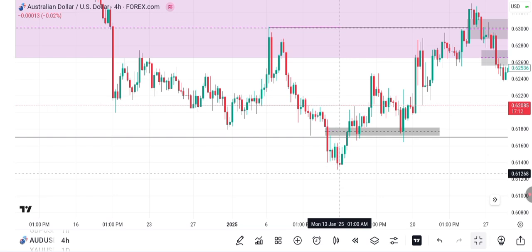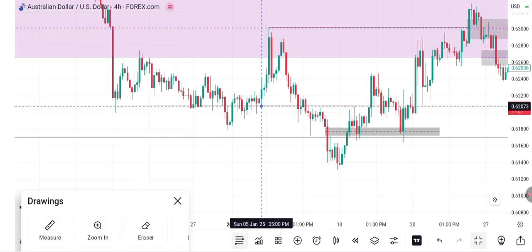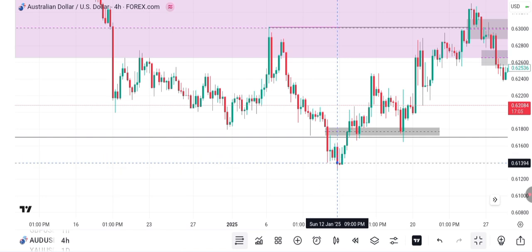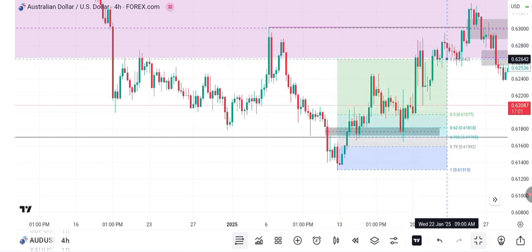I'll lay my fib on it just like this. This is my Fibonacci retracement tool. I'll lay it on it this way.